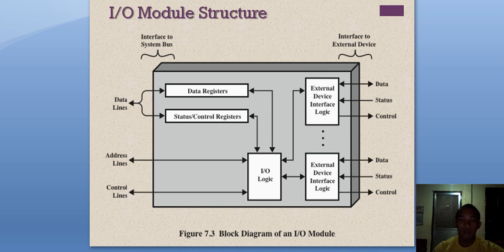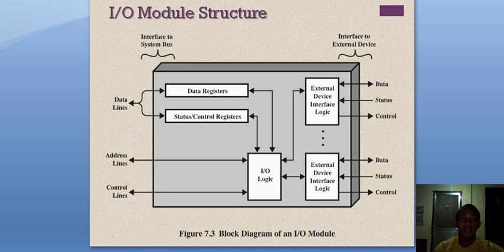Input-output controllers are commonly seen in microcomputers, whereas I/O channels are used in mainframes. In what follows, we will use the generic term input-output module, and where no confusion results, we will use more specific terms where necessary.